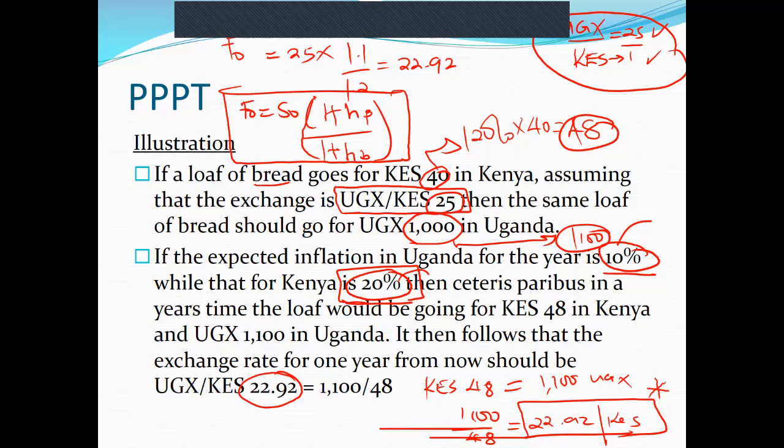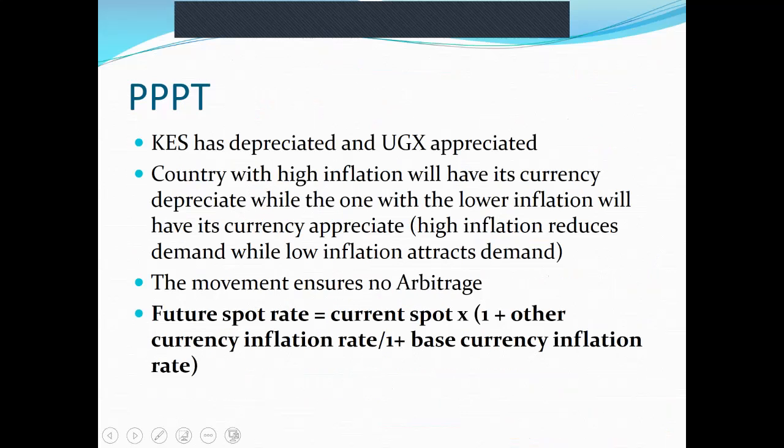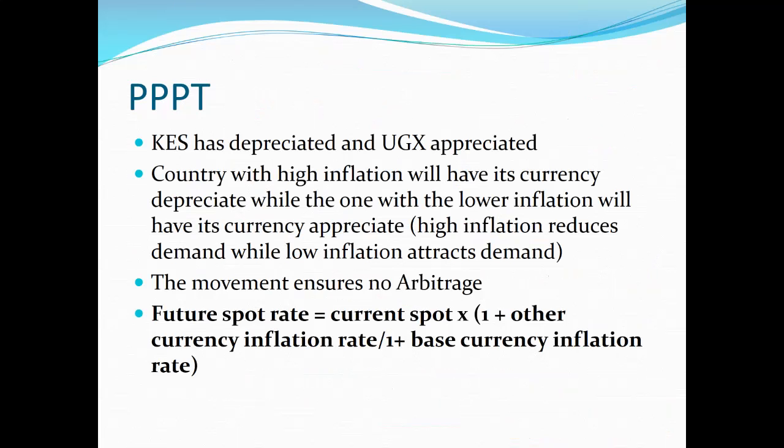Always pay attention to the quotation, because it is going to guide you on what the price currency is and what the base currency is. That is what you have in this slide. Okay, take a note.